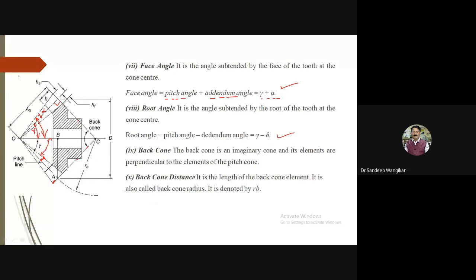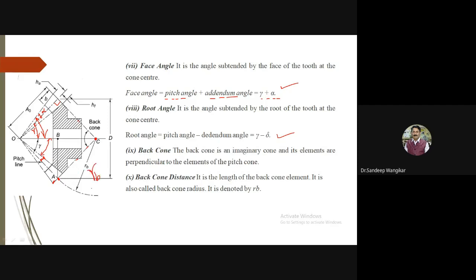Then back cone distance, very important. Back cone distance is the length of the back cone element. It is also called the back cone radius. So you can see AC, I will highlight here only point A to point C. Whatever the AC distance is, it is called the back cone distance. It is also called the back cone radius, and it is denoted by RB.